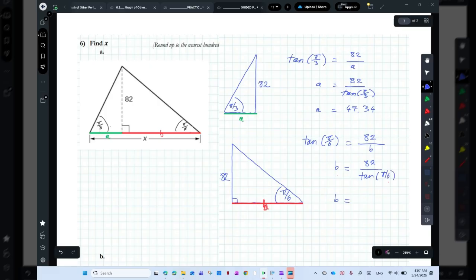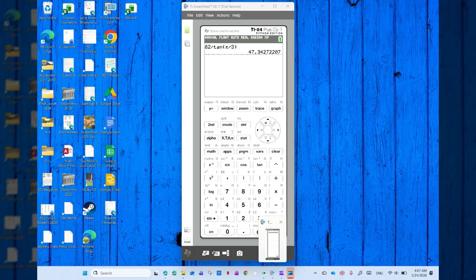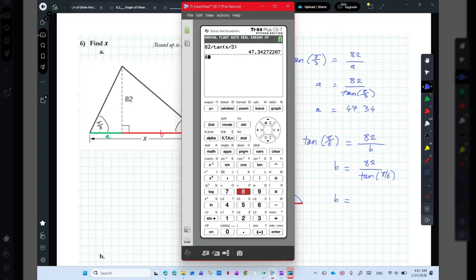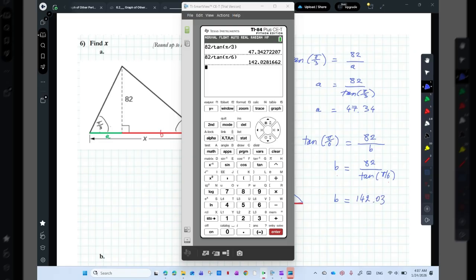And therefore, I will have 82 divided by tangent of pi over 6, I will have 142.03 to the nearest hundredth.